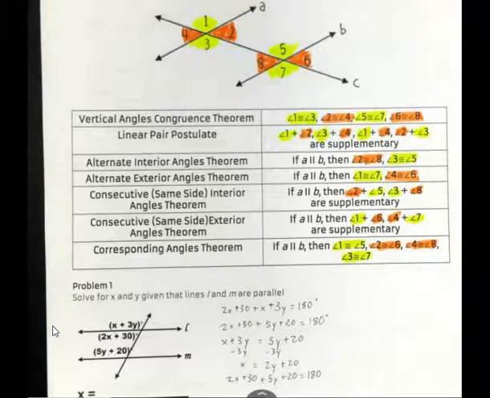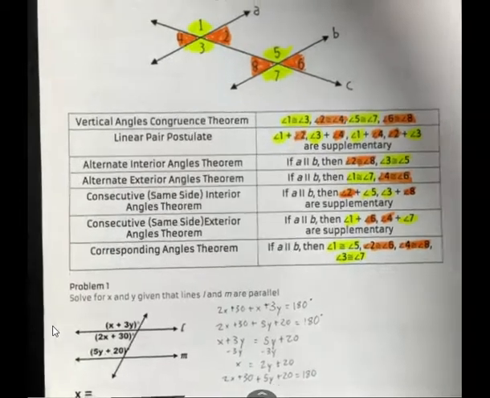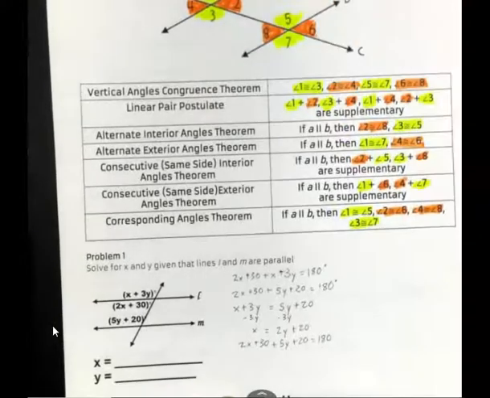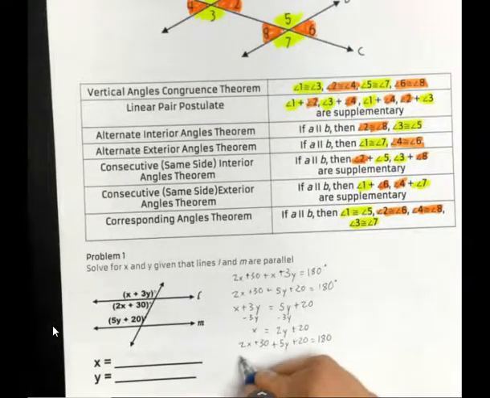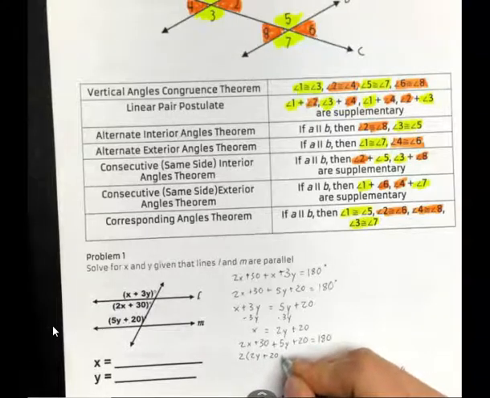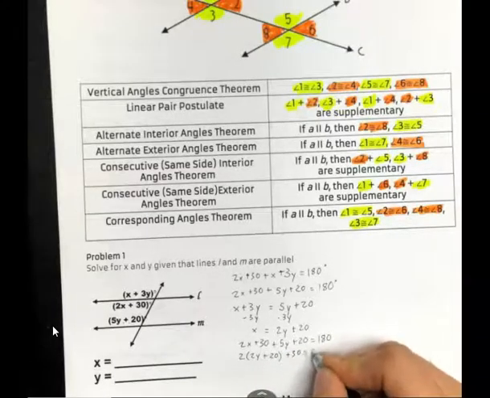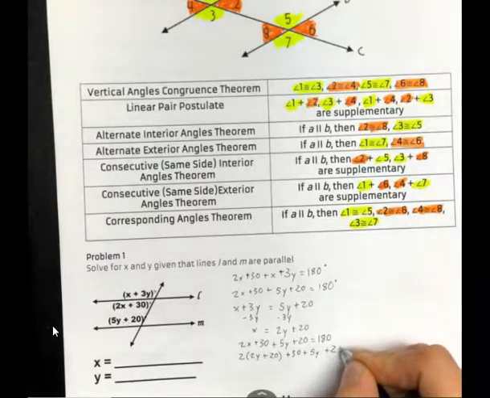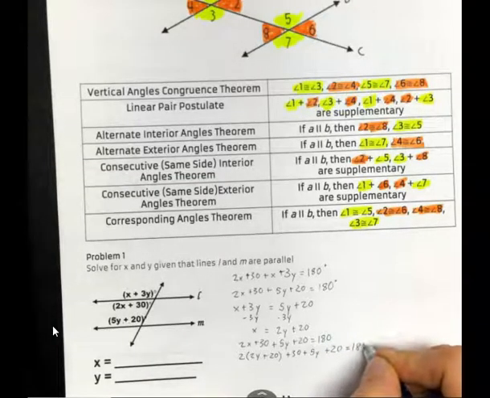So in the next step, what I'm going to do is plug in this where that x is. So I get 2 times (2y plus 20) plus 30 plus 5y plus 20 equals 180.